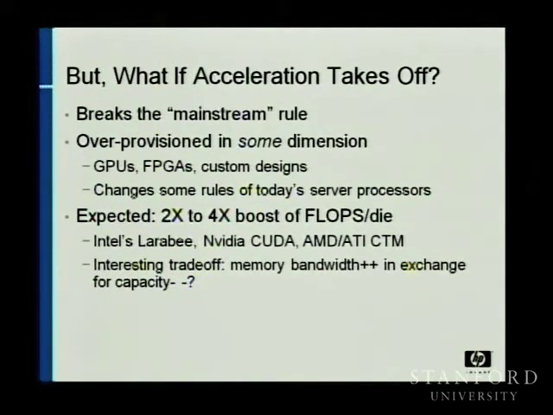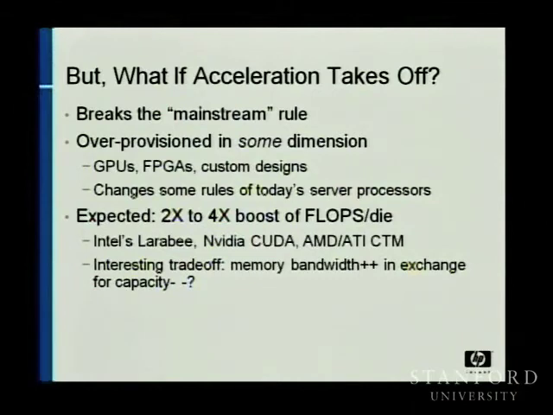Now, what happens if acceleration really takes off? It sort of kind of breaks this mainstream rule. Hasn't happened yet in the entire history of computing, but maybe it will. So accelerators are over-provisioned in some dimension. GPUs are over-provisioned in the number of floating point units that they have. FPGAs have more functional units than are available in mainstream parts.